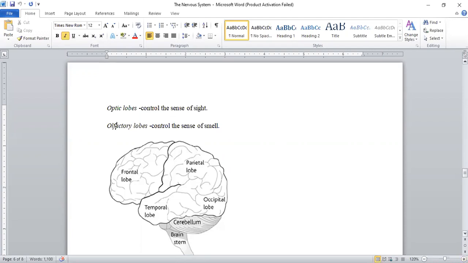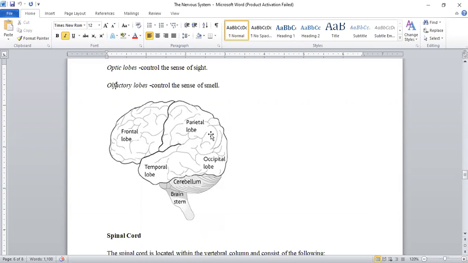Then here we had another diagram showing the different lobes in the brain, as in they're just like subsections in the brain. So we have the frontal lobe, the parietal lobe, the temporal lobe, then the occipital lobe. The cranium is the one which is subdivided into these portions.